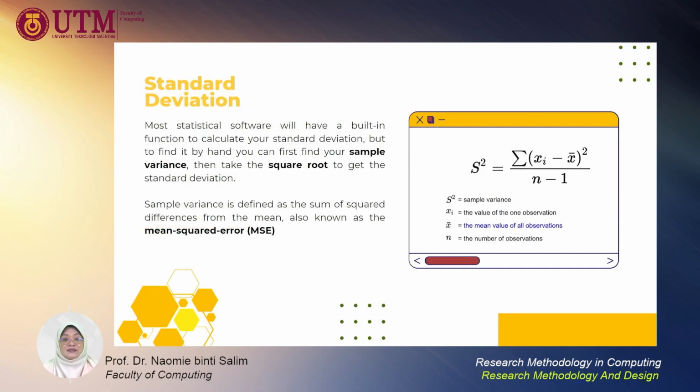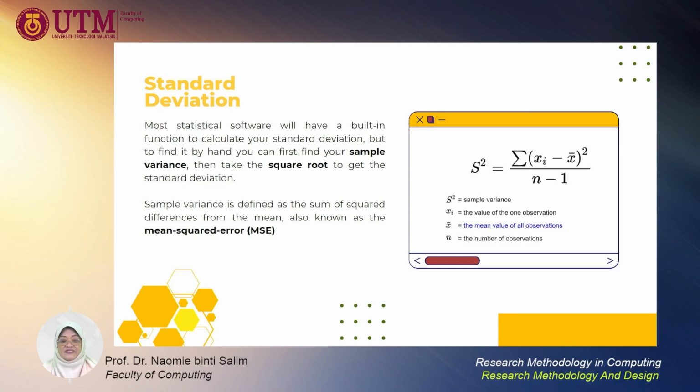Most statistical software will have a built-in function to calculate the standard deviation. But to find it by hand, you can first find your sample variance. Then you can take the square root of the sample variance to get the standard deviation.